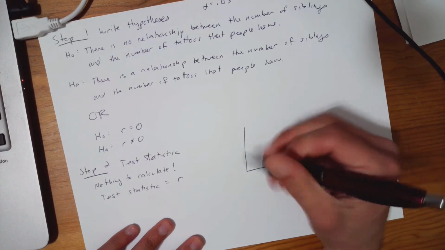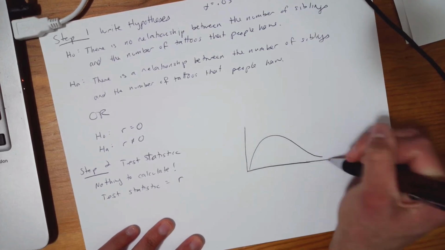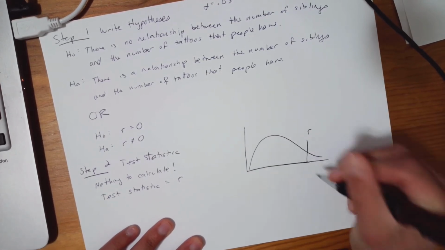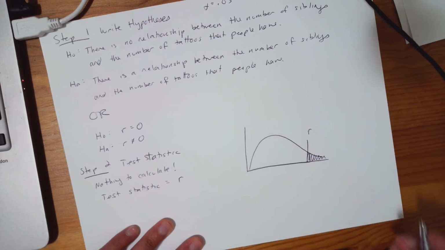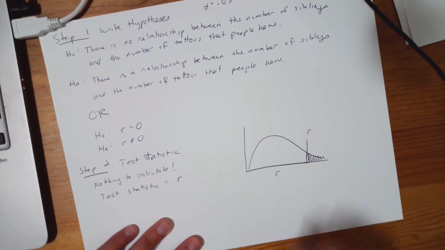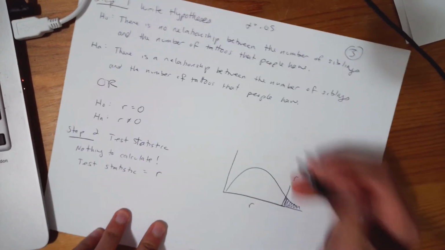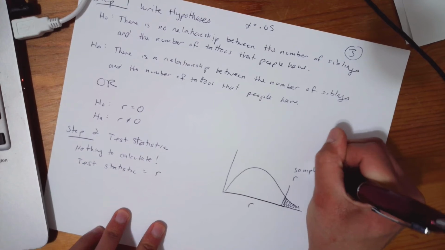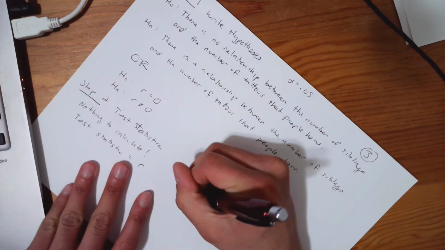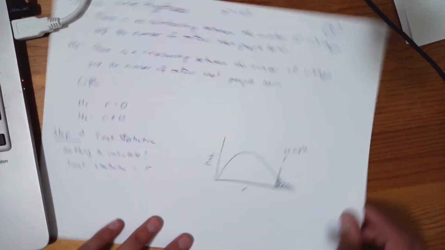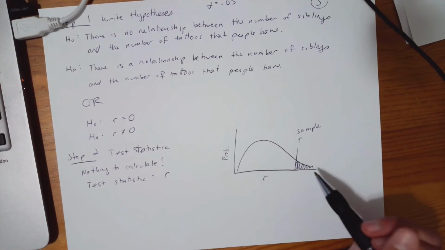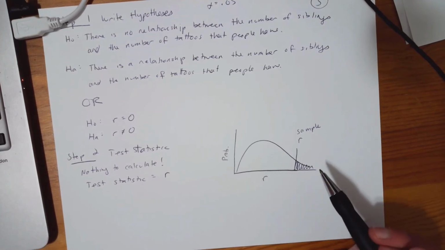As with other hypothesis tests, the R value that you get gets plotted on a sampling distribution where we have possible R values, the probability of getting each one, and our sample R value will fall somewhere on that distribution.